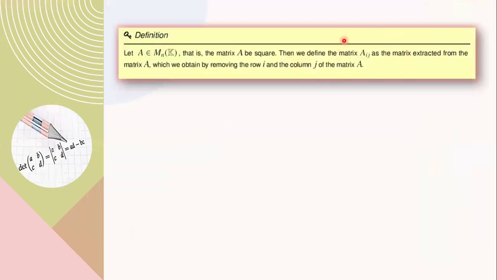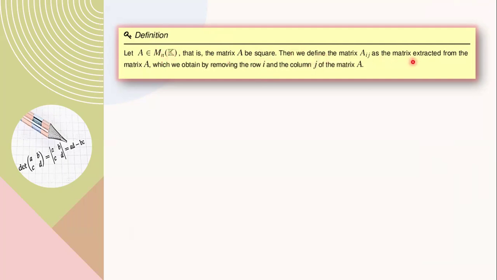In this definition, we have A in the space of matrices of n rows and n columns, and its coefficients are in the field K. The field K can be the field of real numbers or complex numbers. That is, the matrix A is squared, because the number of rows equals the number of columns.